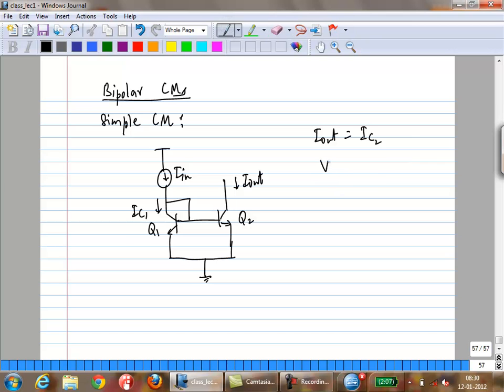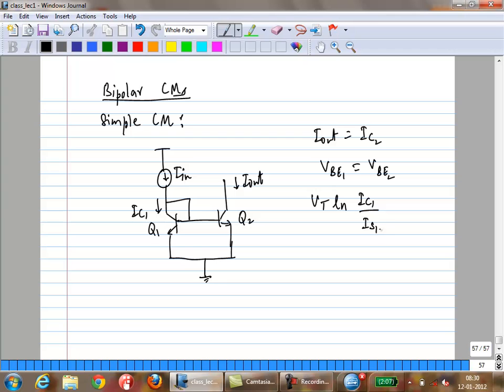So first of all, we know VB1 is the same as VB2. Okay, that we know. Correct? So we'll write the bipolar equation slightly differently in terms of the logarithmic equation.